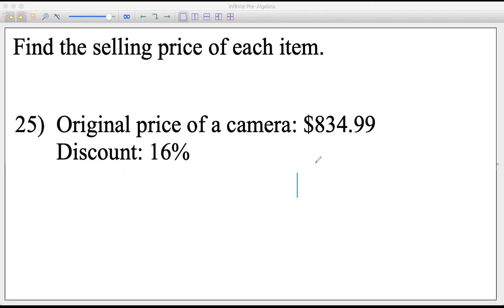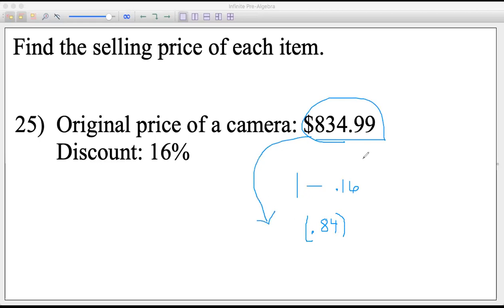What this really boils down to is 1 minus 0.16, which would be point what? 0.84 times the original price, which is that big ugly number right there. Plug that number right here.